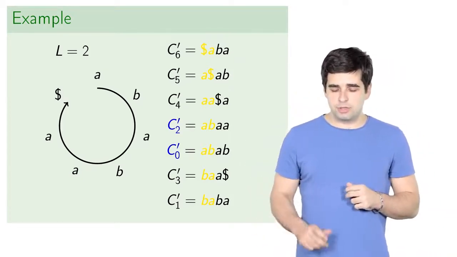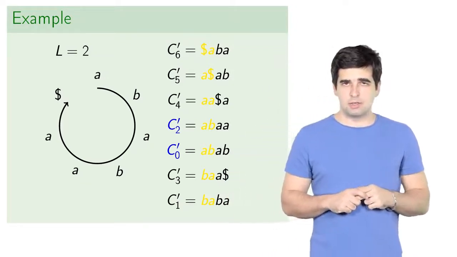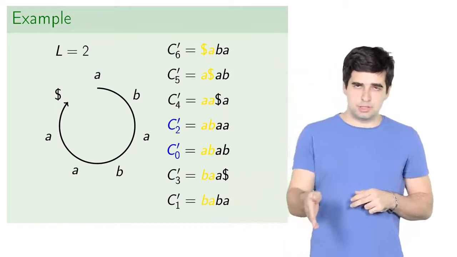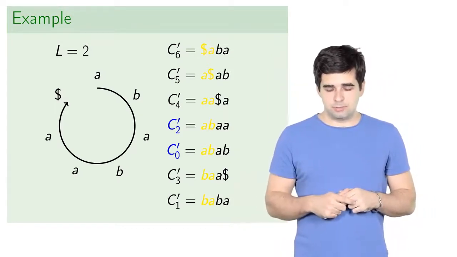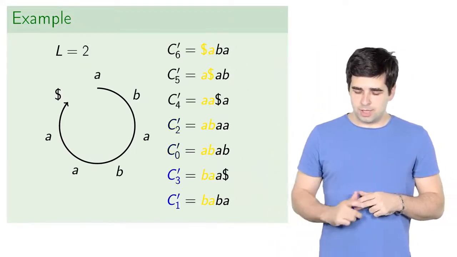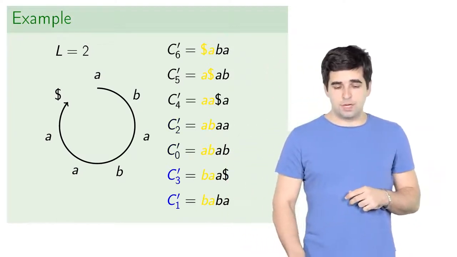But for those which are the same in the first half, their second half is also sorted, because it was sorted initially in the second column, and we implemented a stable sort. So C2 prime is still before C0 prime, and C3 prime is still before C1 prime.